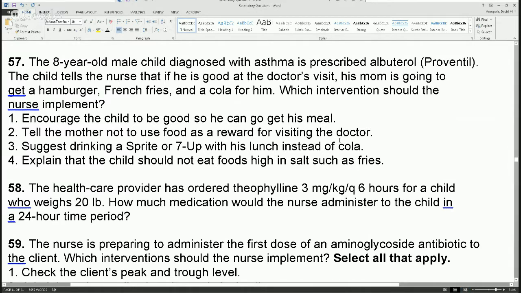Going to get a hamburger, French fries, and a cola. I know what I would do. In Utopia, it could be different. At Utopia General, I have no idea what you would do here. Well, let me give you a little hint. Look at the medication they're taking. I see what we're taking. And albuterol will elevate their heart rate.